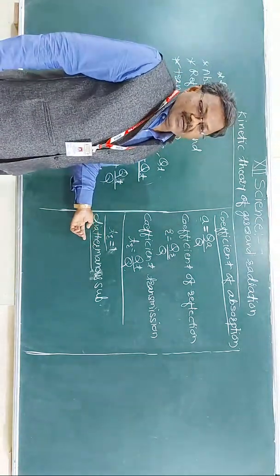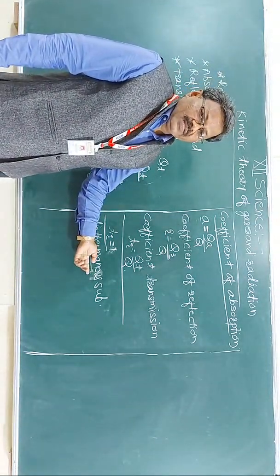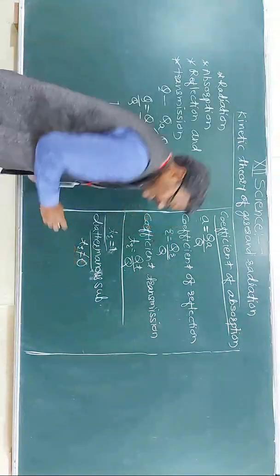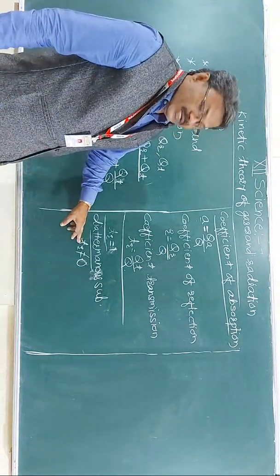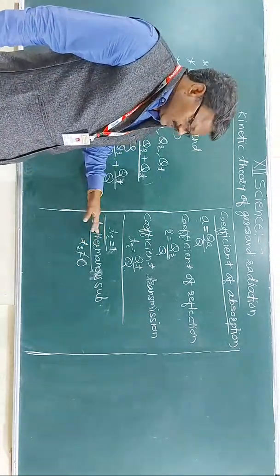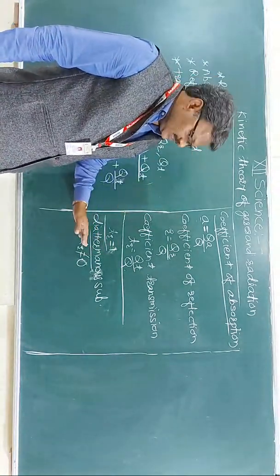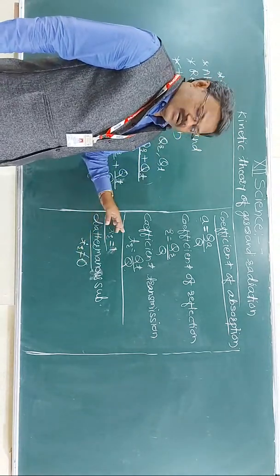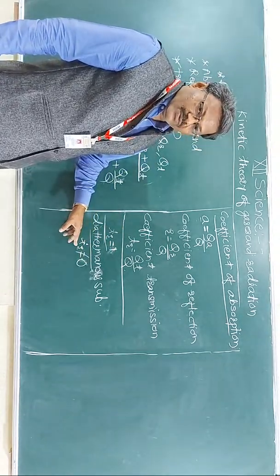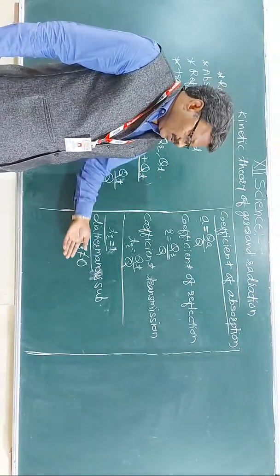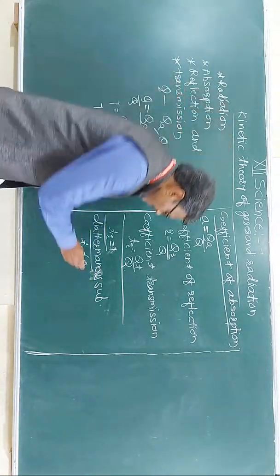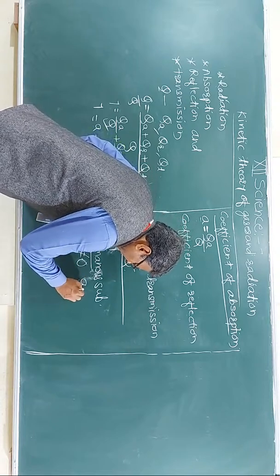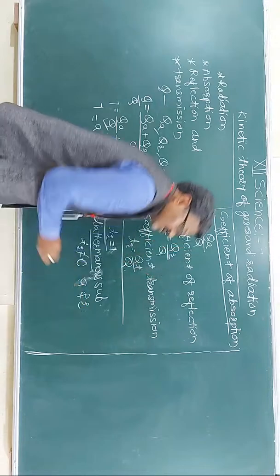For these, TR is not equal to 0, which means this energy can be transmitted. In this case, A and R also have some value.